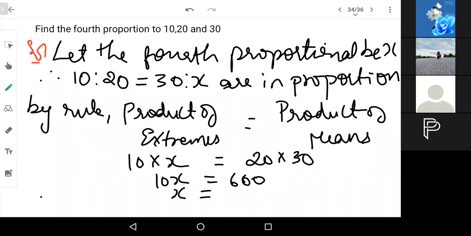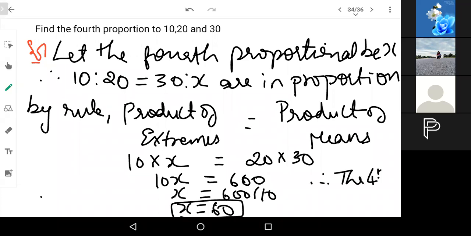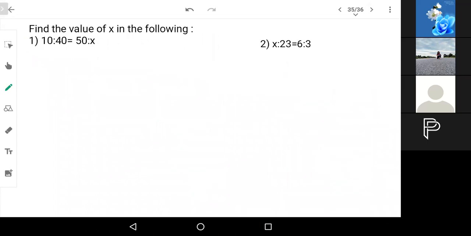X is equal to 600 by 10. X is equal to 60. Therefore, the fourth proportional is 60. So everybody is clear with this. Very good.